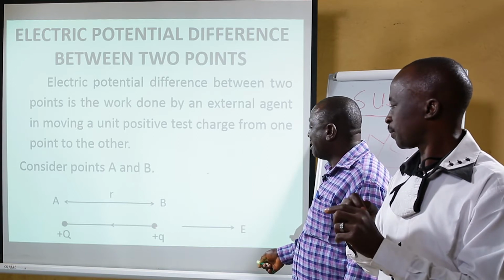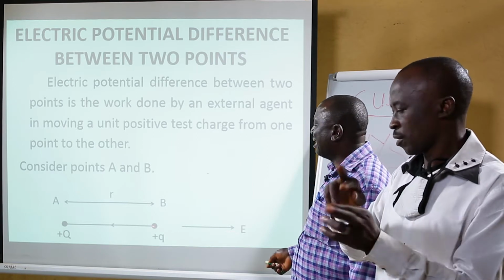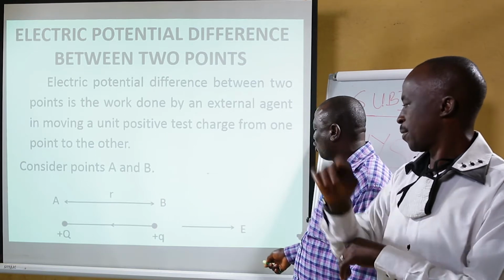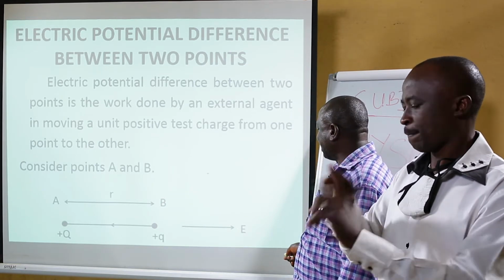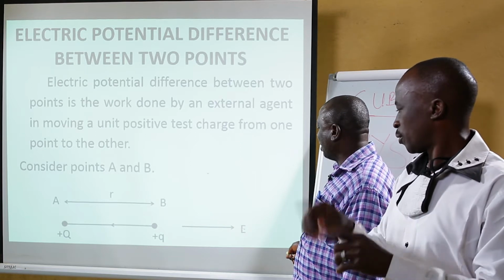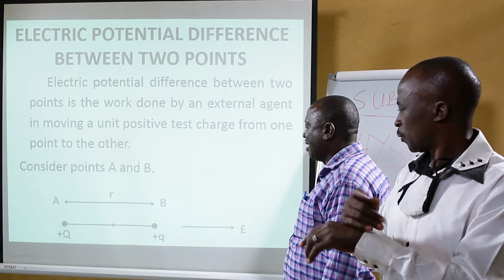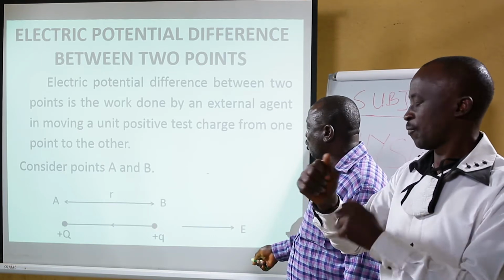So the field will be to the right, away from point B, that is away from plus small q, which is indicated by this arrow. This is our electric field, in this direction to the right, away from plus small q.